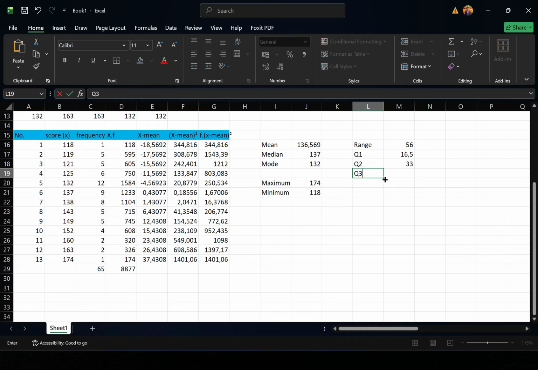Lastly, for the quartile 3, use 3 divided by 4 times the frequency plus 1. For the interquartile range, use the formula quartile 3 minus quartile 1.